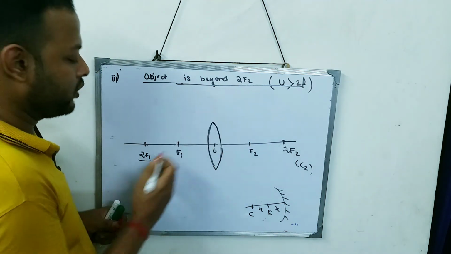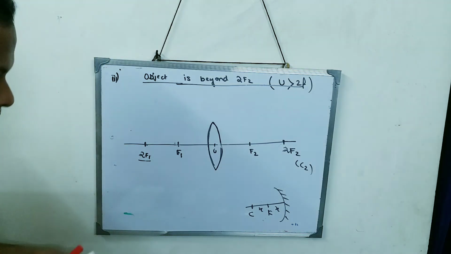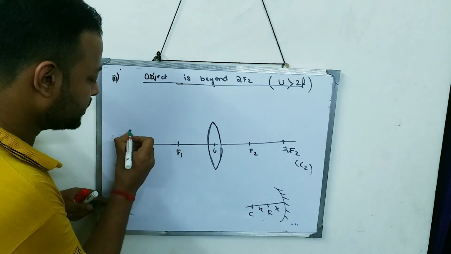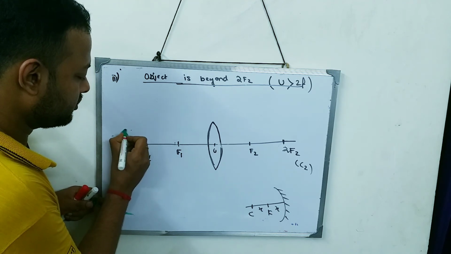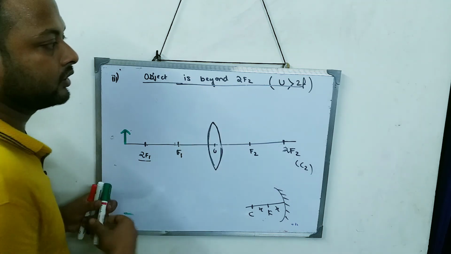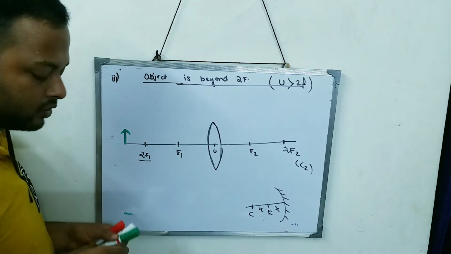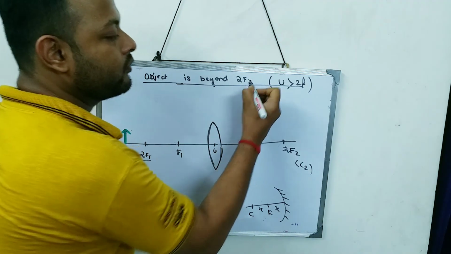Object is beyond 2f2. So I keep this as my object. Suppose the object is over here. Now the object is beyond 2f1, not 2f2, 2f1.